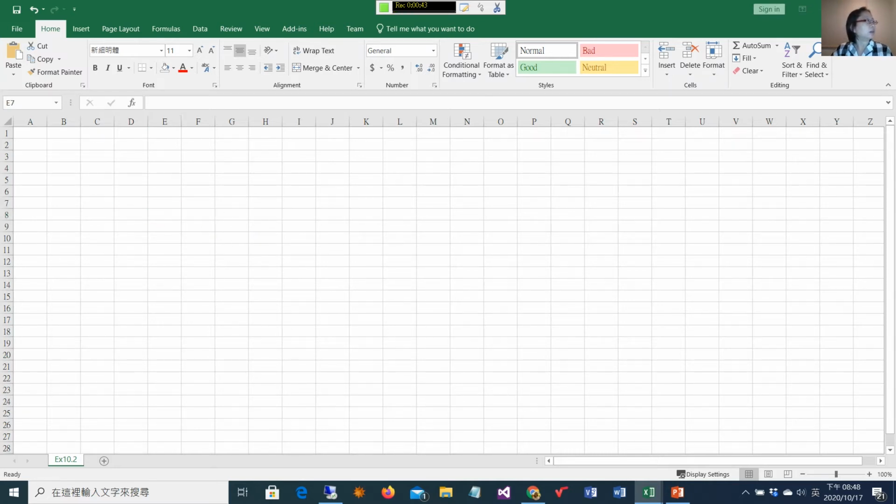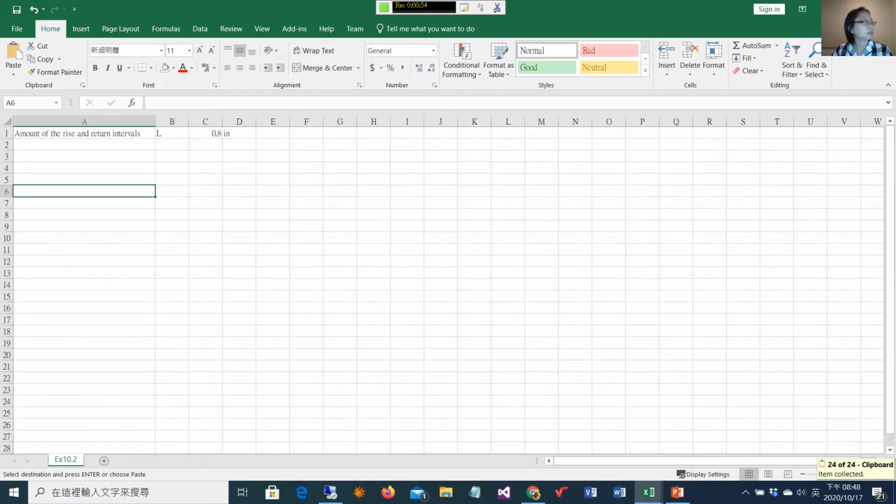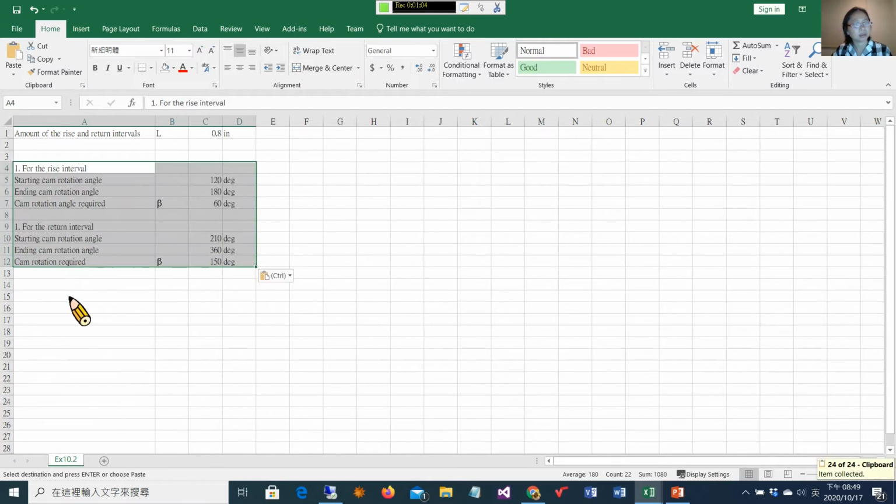We have the amount of rise and return intervals here, and the cam rotation angle for the rise and return intervals here.